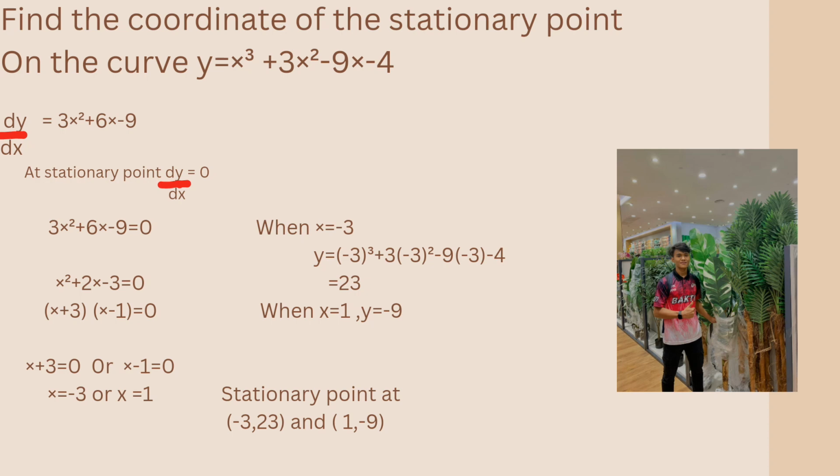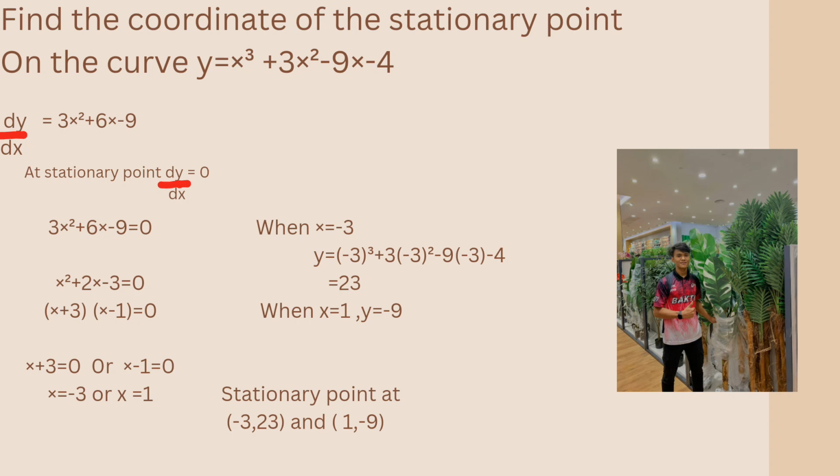Then we factorize it and put it in brackets: x plus 3, x minus 1. So x plus 3 equals 0 or x minus 1 equals 0. Therefore, x equals minus 3 or x equals 1.